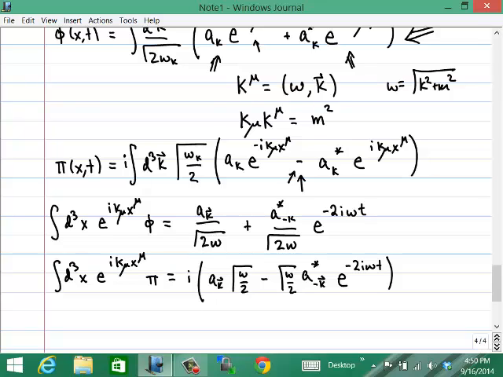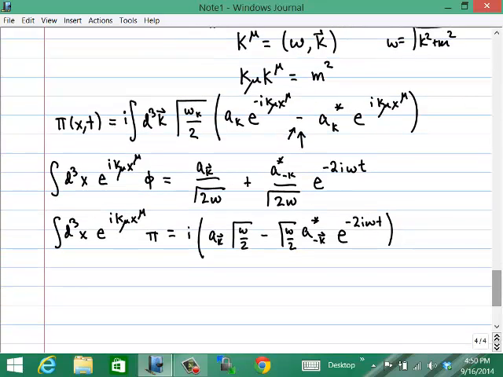So you're going to need to get used to performing all of these Fourier transforms because you're going to be doing it a lot in this course. So I'm going through it in some amount of detail here, but you should hopefully get used to doing it yourselves pretty quickly. Okay. So we can then go ahead and solve for a_k in terms of phi and pi.